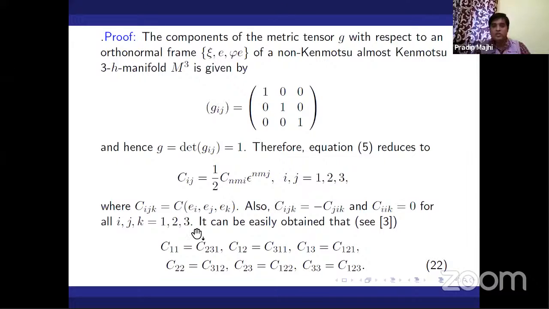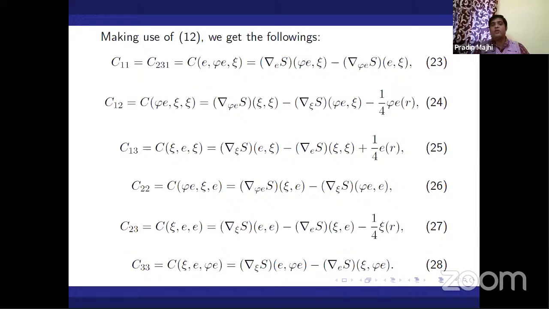So now we have these six components, C11, C12 up to C33. Now we use the definition of the (0,3)-type Cotton tensor that we already defined in equation 12. Making use of equation 12, we get the coefficients of the (0,2)-type Cotton tensor, C11 up to C33, from equations 23 to 28.